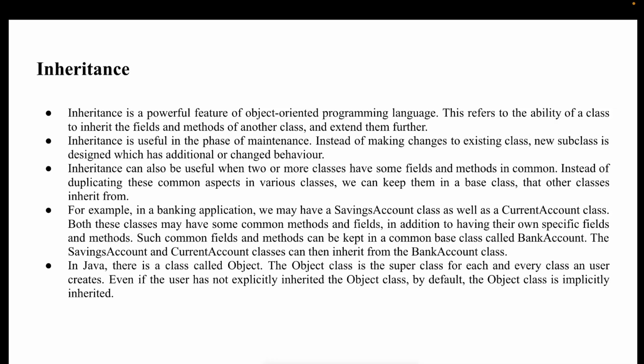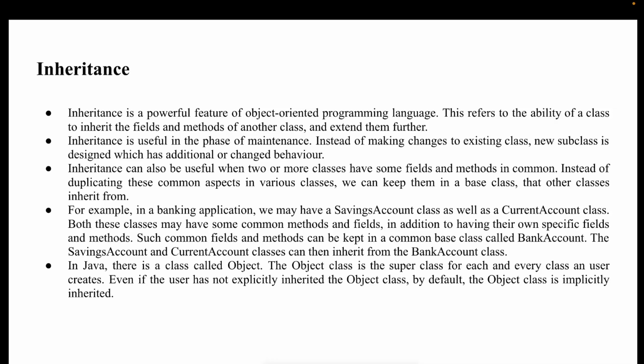Suppose there is a class called bank, and then one class called savings bank account and another class called current bank account. Bank has some common traits, right? In a bank you deposit money, you withdraw money. Similarly in a savings bank account you deposit money and withdraw money, and similarly in your current bank account as well.